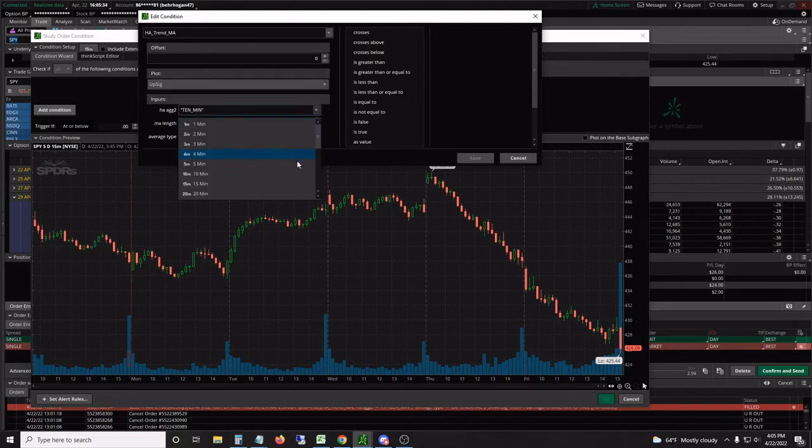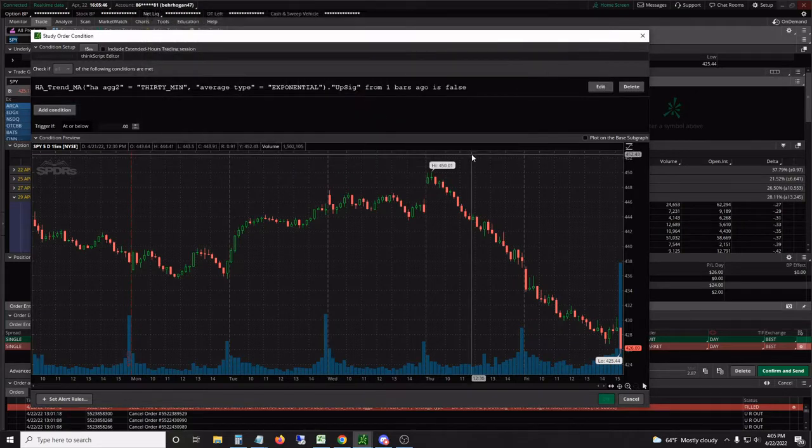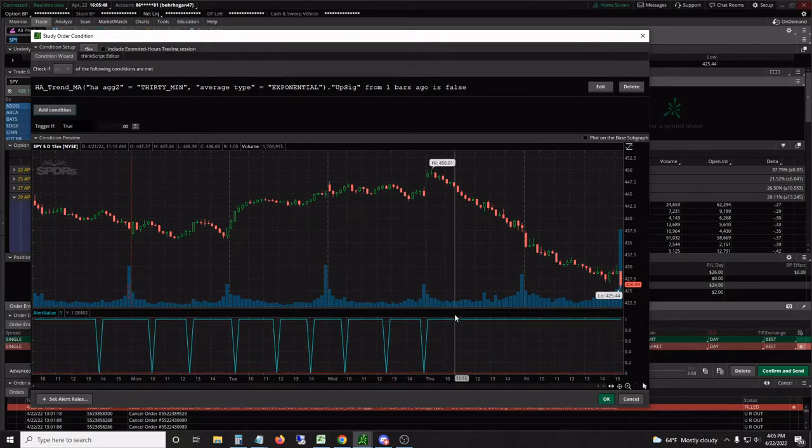I set this to 30, and this gives a multiple time frame. So I'm using a 15 here and a 30 here. I use exponential and I set it to false for the previous candle. And you can see here, when the line is up here with a value of 1, that condition is false at that time.